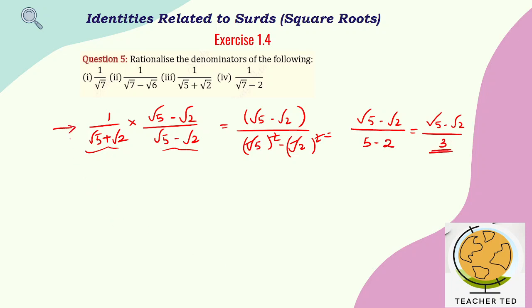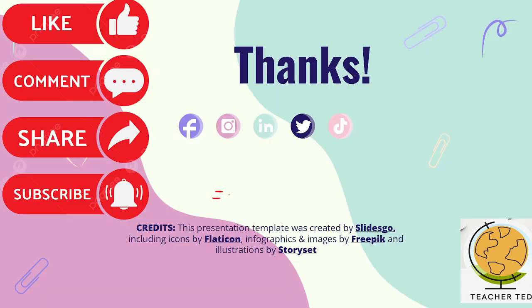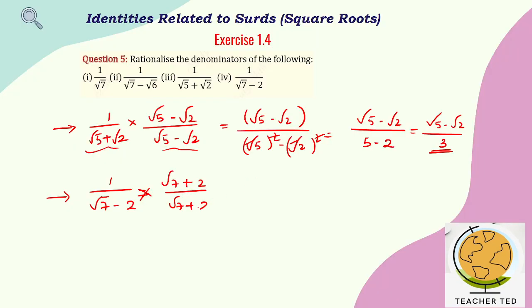For the fourth question, you do the same thing which we have learned till now: root 7 minus 2. But be careful, there is no square root on the 2. So multiply and divide by root 7 plus 2 over root 7 plus 2. In the numerator, it is root 7 plus 2 as it is. The denominator again looks like a plus b into a minus b, where for a it is a square root, and for b there is no square root.